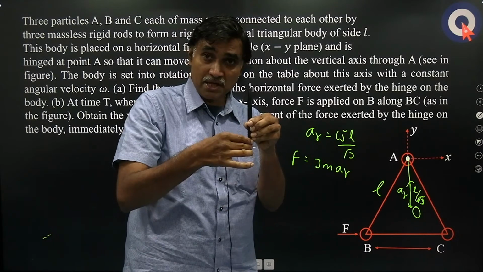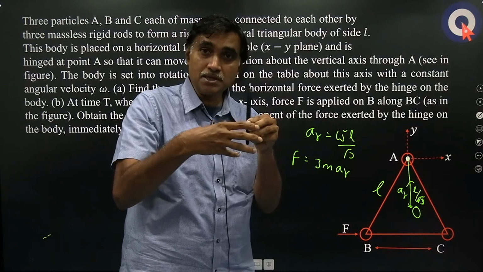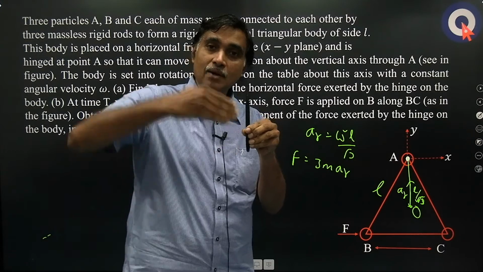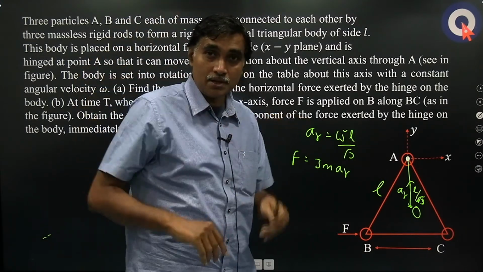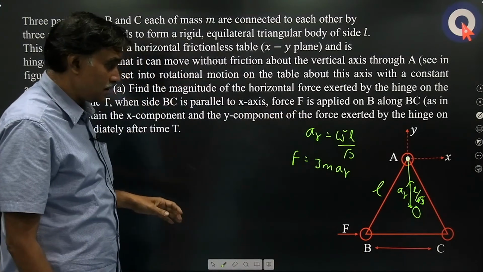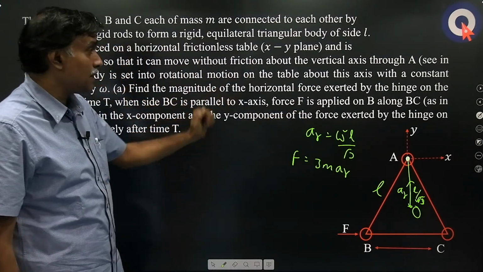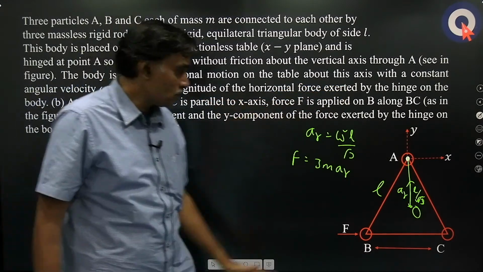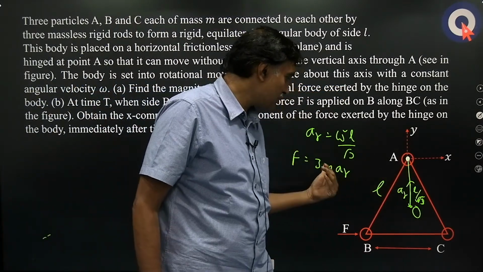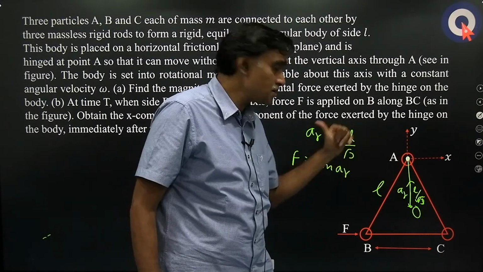So the hinge reaction, the force by hinge, will have a vertically upward force which should balance mg, but that is not in the horizontal plane. So in the first bit they are asking only the force in the horizontal plane. Horizontal force exerted means the forces in the horizontal plane. So the only force is towards the center, given by 3m into AR, where AR is omega square into L by root 3.